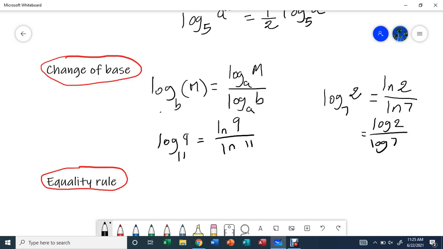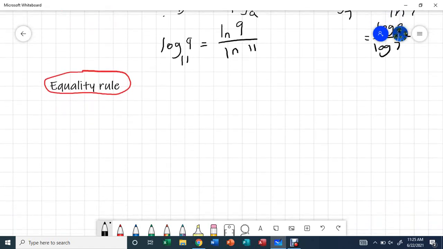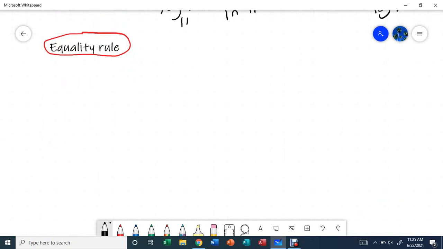Okay, now let's move on to the last rule, which is called the equality rule. And this is good to solve equations.